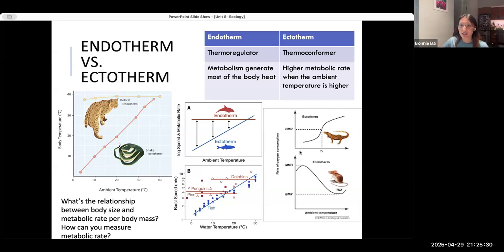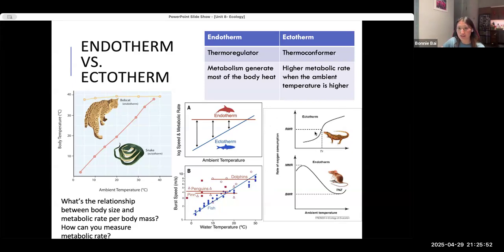It's pretty interesting. Looking at the ectotherm, the lizards, as the environmental temperature increases, the metabolic rate increases too. The warmer it is, the more active the lizards are able to be.